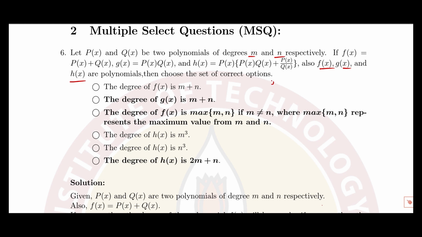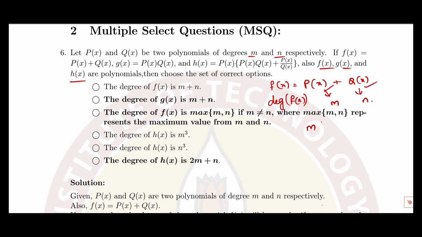So if you see f of x, it is given as P of x plus Q of x. So if you wanted to find the degree of f of x, it depends on the degree of P of x and Q of x. So P of x has degree m, Q of x has degree n. Therefore, P of x plus Q of x has degree m or n dependent upon the values of m and n correspondingly.